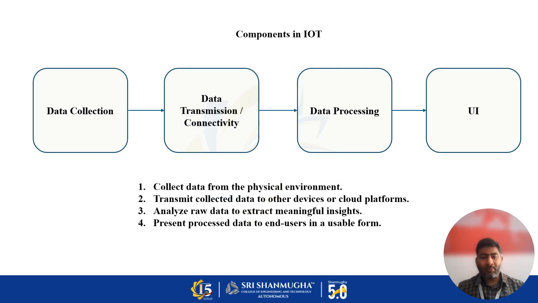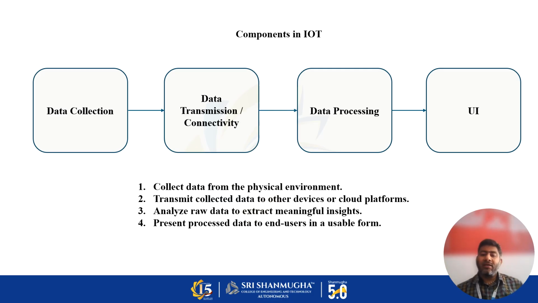So initially what happens is data collection. Data collection meaning you will use some component to collect data from a real-time environment or a physical environment. Once you collect those data, you will transmit those data using some form of connectivity such as Bluetooth or Wi-Fi. Using some form of network, you will transmit those data to a cloud.